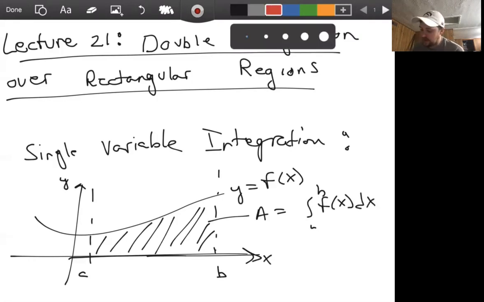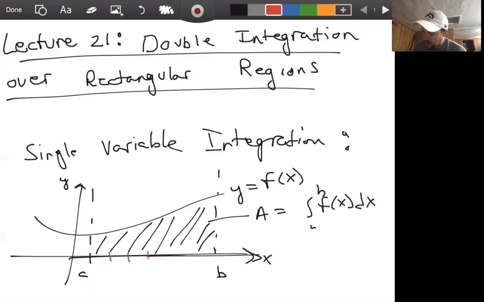We started by taking approximations, right? We introduced a partition of the closed interval [a, b] into x1, x2, xi, et cetera, where we could say a was x0 and b is xn.